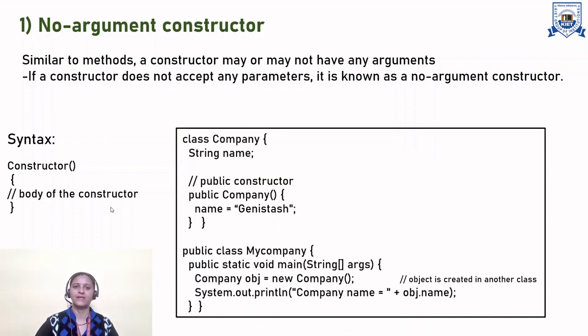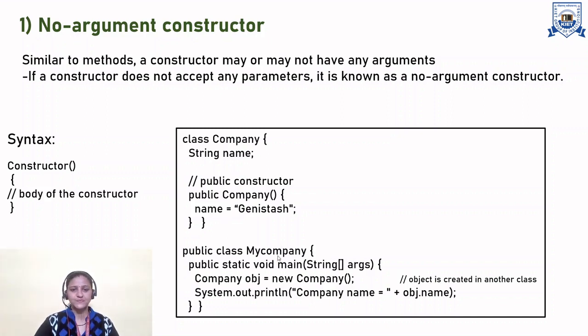Syntax: we make a constructor with no arguments and just start the body of the constructor. Let's take the example class Company, which has an attribute name of string type. Now we make a constructor with the same name as the class name, Company, and here we provide the value Janish dash to the variable name.